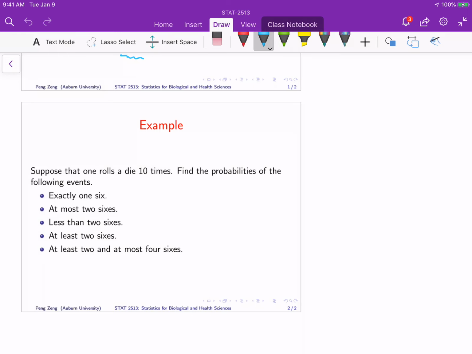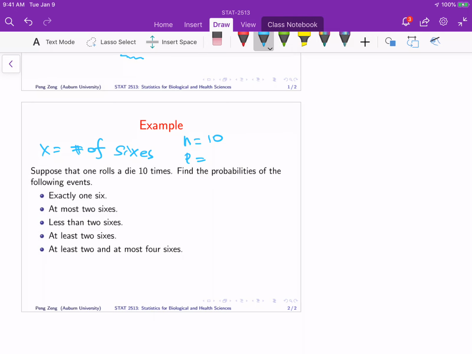If we denote X to be the number of 6s, then X will follow a binomial random variable. A binomial variable has two parameters, n and p. Here n will be 10, because we roll the die 10 times.